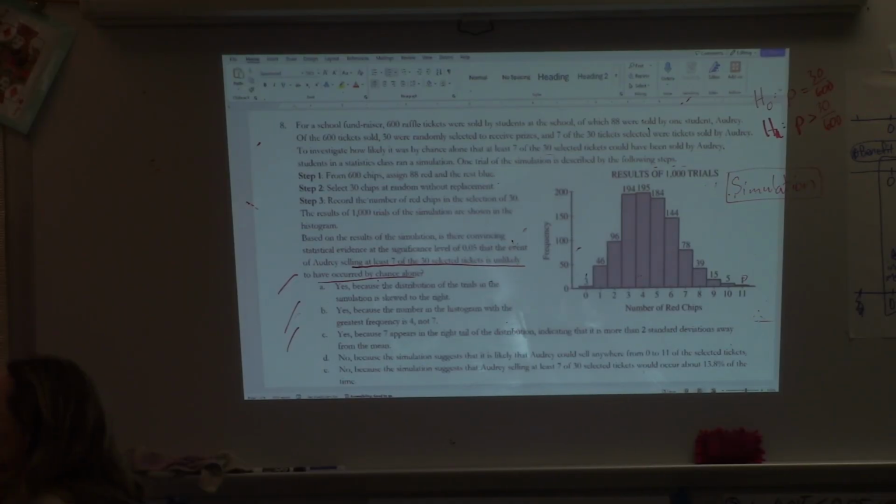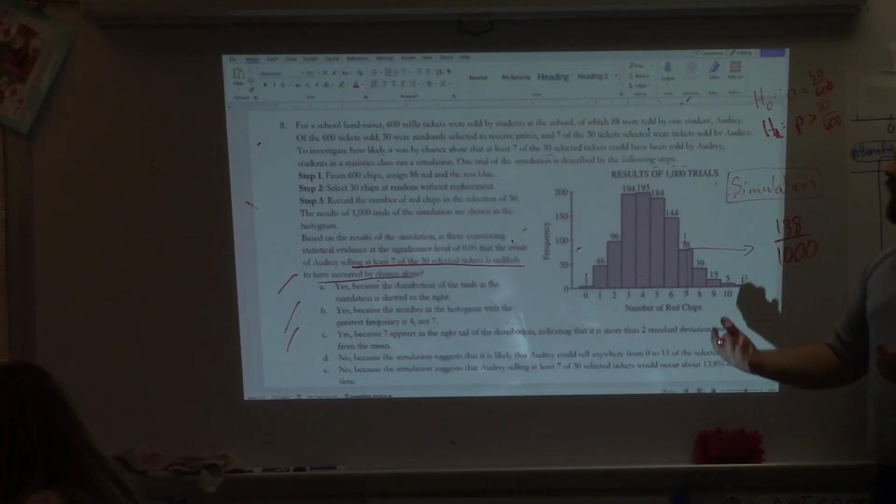But the idea of a p-value still holds, right? At or more extreme. If you added it up, it was 138 out of 1,000 trials. So how likely is it that she sold at least 7 of the 30? The likelihood is 13.8%. Is that super unlikely? It's about 13 or 14% of the time, but is it super unlikely?